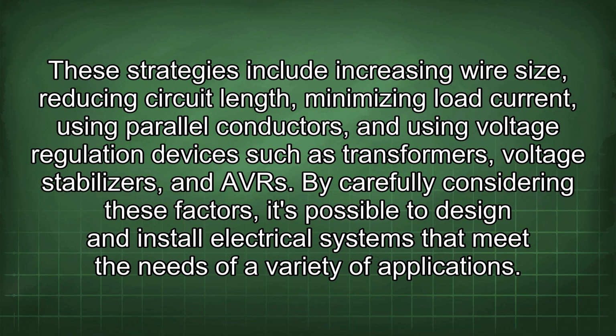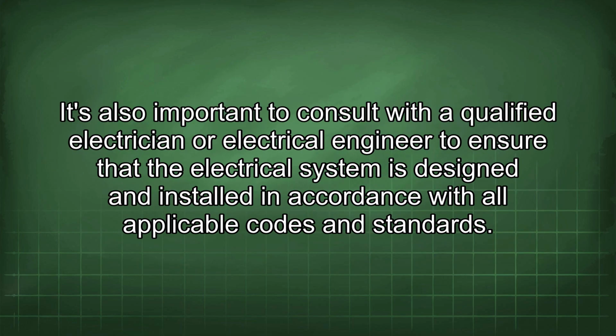By carefully considering these factors, it's possible to design and install electrical systems that meet the needs of a variety of applications. It's also important to consult with a qualified electrician or electrical engineer to ensure that the electrical system is designed and installed in accordance with all applicable codes and standards.